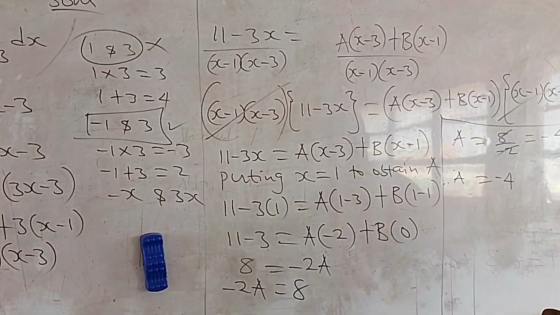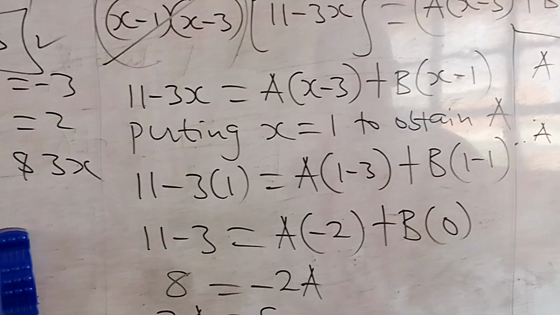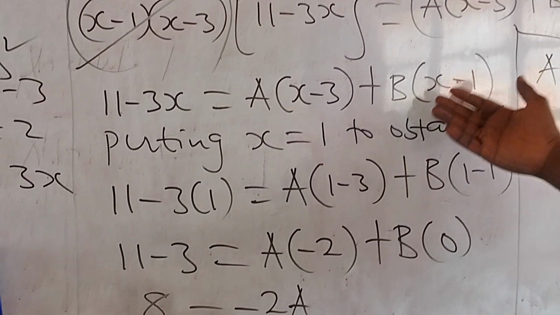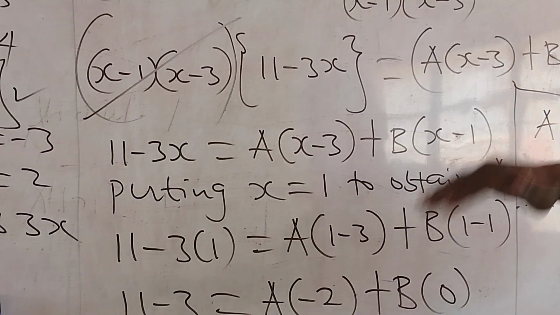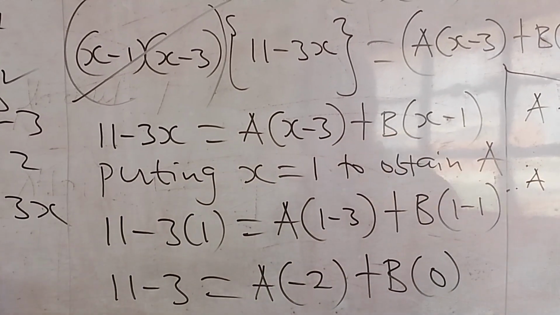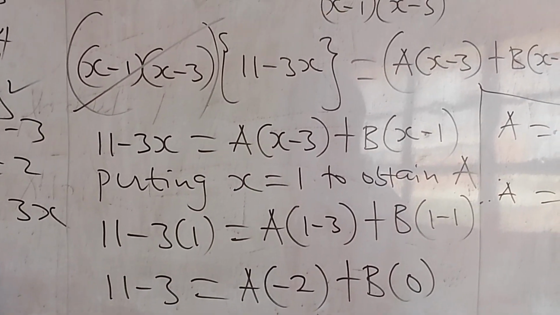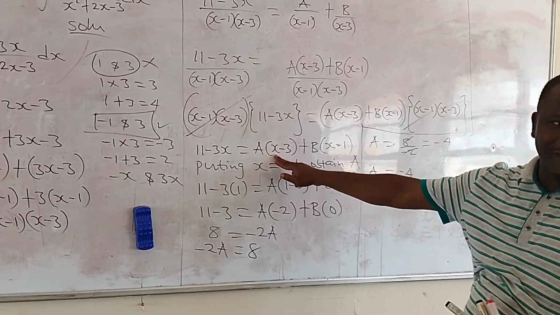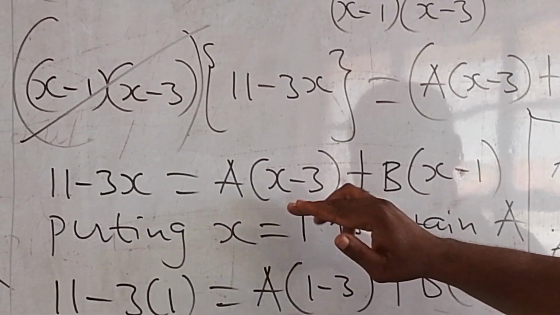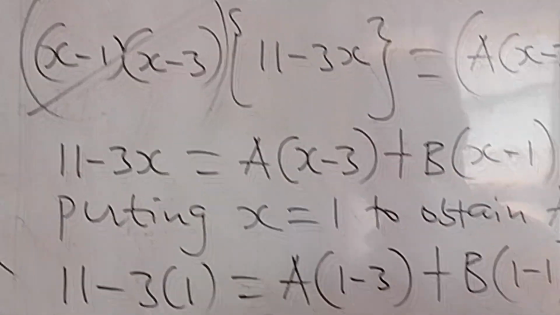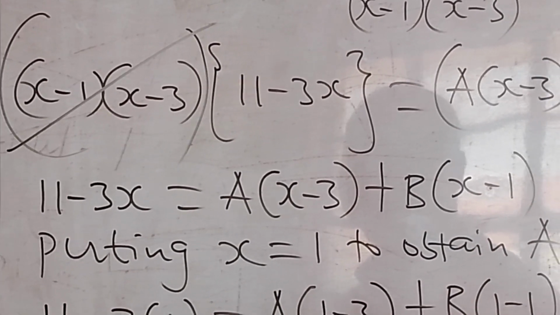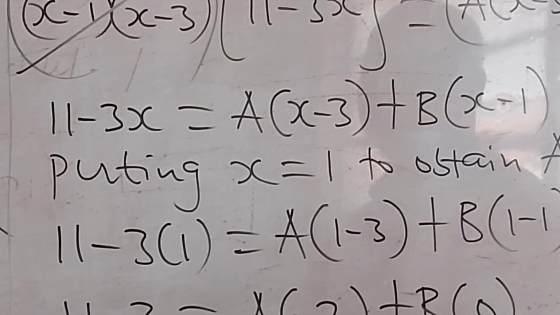The way we obtain A, we are going to apply the same way to obtain our B. Look at this bracket. If you can see what I am saying, it's very easy to obtain our B.